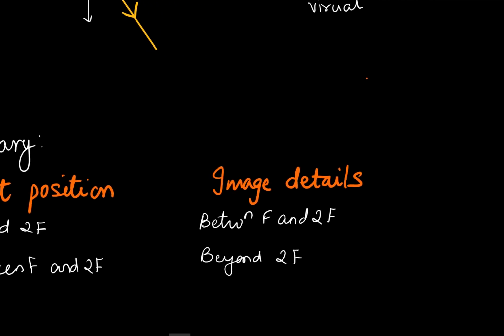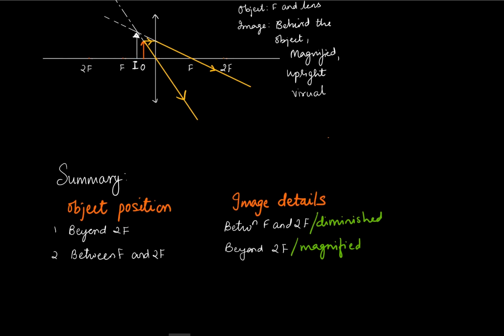Not only this, but other things also will become very easy. The image will be diminished. Here it will be magnified. So see, the first two cases are exact opposite of each other.